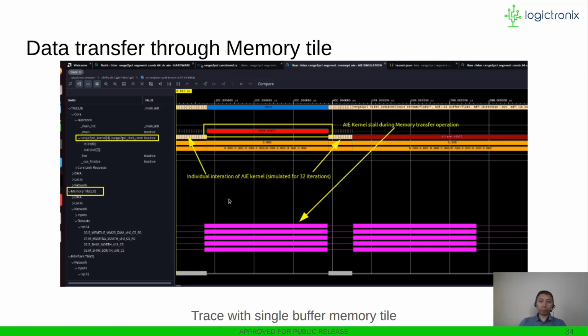After a certain run, our memory tile will be filled, and the read-write processing of the memory tile will be going on, and during that time our processor will stall. So due to that, our processing latency will increase.